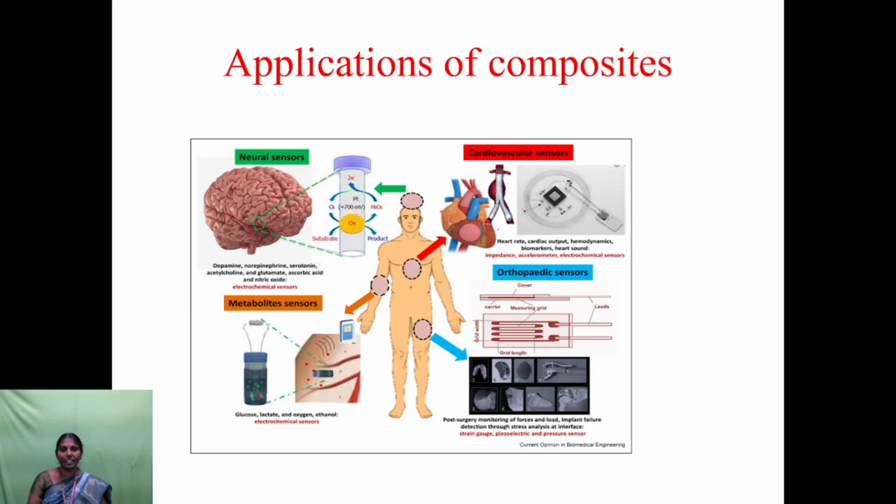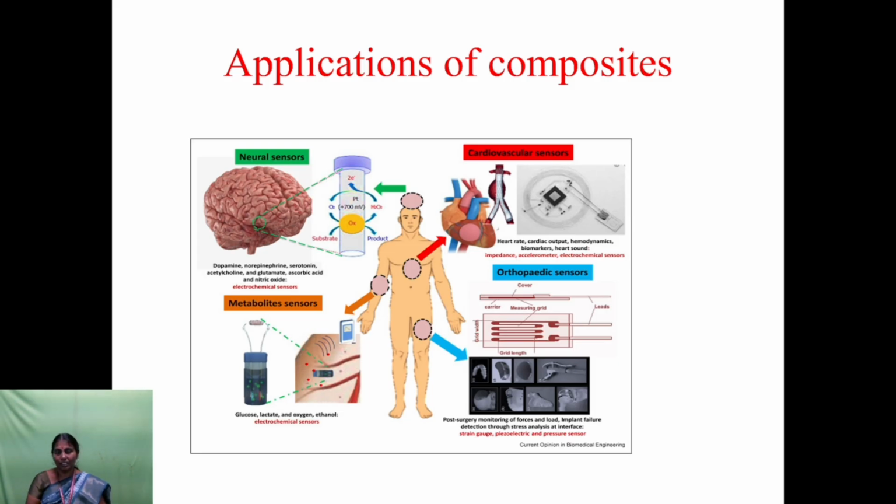Then metabolite sensors are used to measure and analyze glucose, lactate, oxygen and ethanol by using electrochemical sensors. Neural sensors can measure dopamine, norepinephrine, serotonin, acetylcholine, glutamate, ascorbic acid and nitric acid.